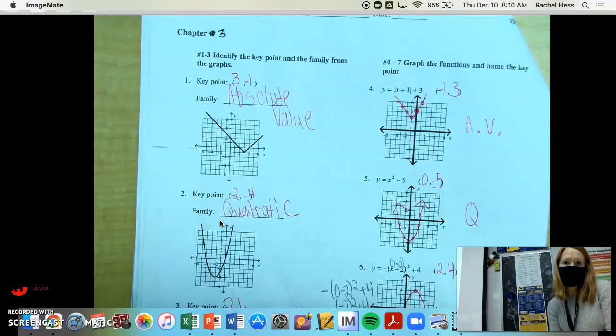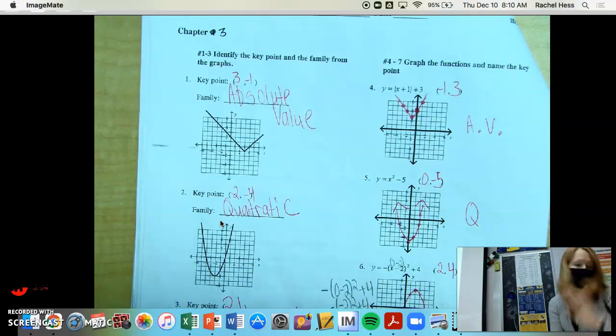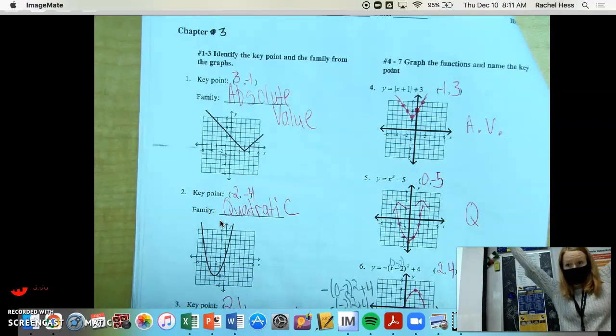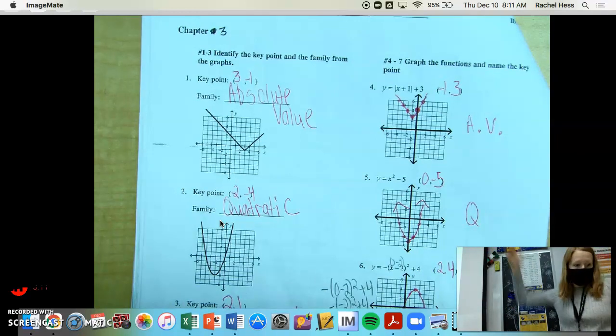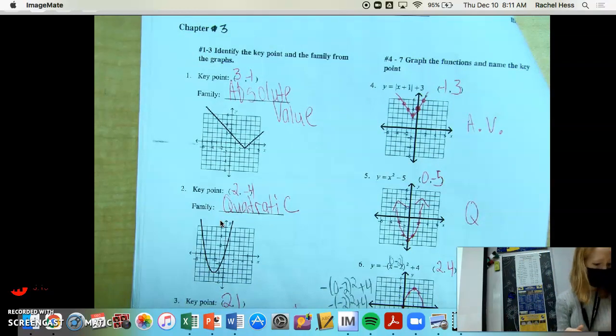Looking at identifying the key point and function family from the graphs, you will have to do that on a cumulative test. So remember, absolute value gives me a v, quadratic is a u, it's a parabola. And then square root function is the awkward dab. And it only goes one direction.